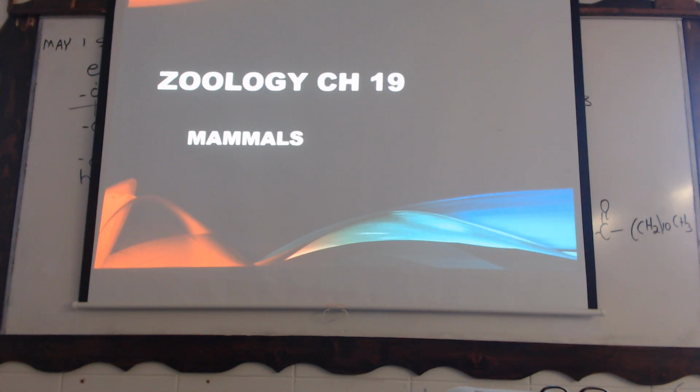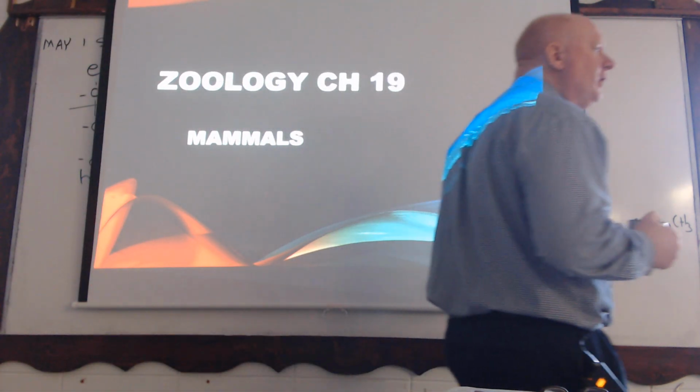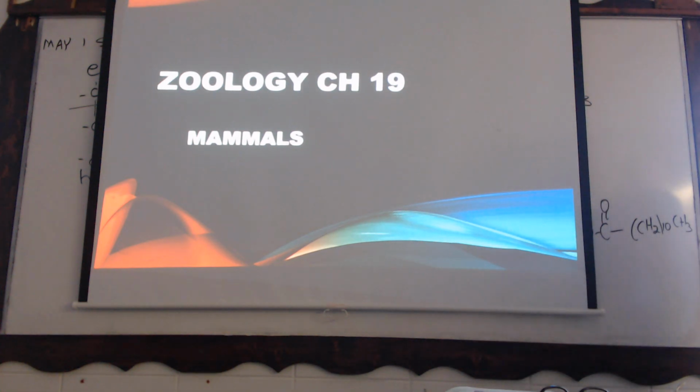Especially that of circulation. When we're talking about circulation, we're talking about blood flow. What does that have to do with mammals? We're talking about blood flow. How does it get from one part of the body to the other? That's part of it.